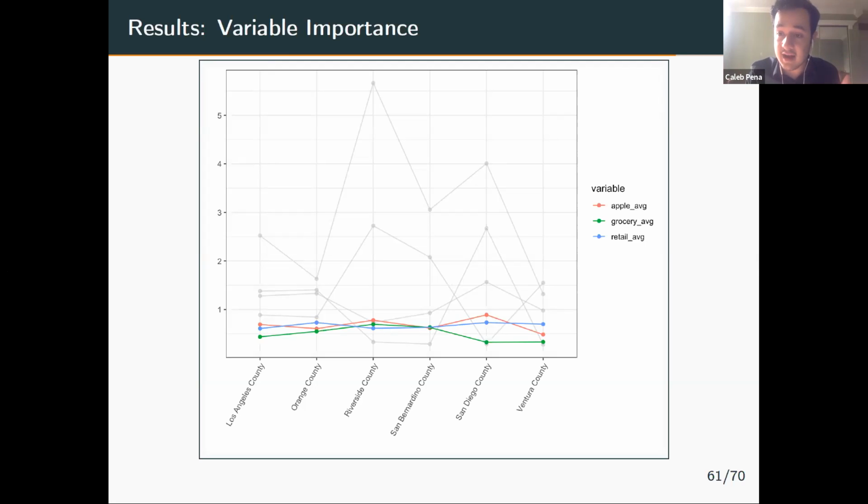And this spreads beyond just the coefficients. If we were to look at a graphic that demonstrates from time to time, like on a daily level, the total value in a given county, you would notice that grocery, Apple, and retail values don't move an awful lot. There is some fluctuation, but nowhere near as much as, say, visits to parks, for example, which we'll show in the next slide.